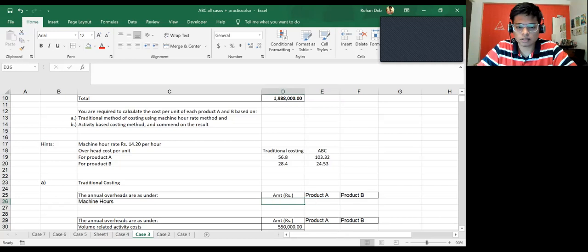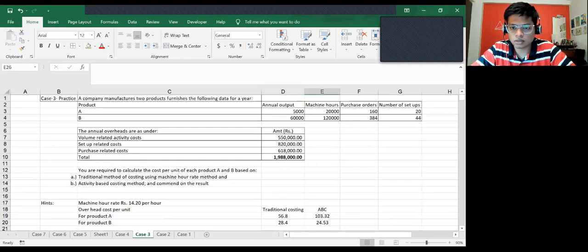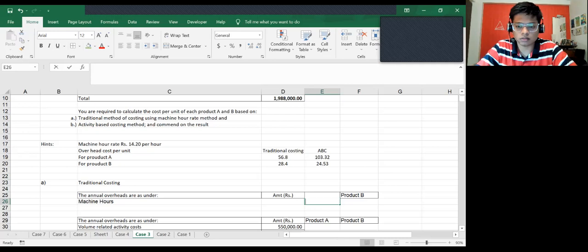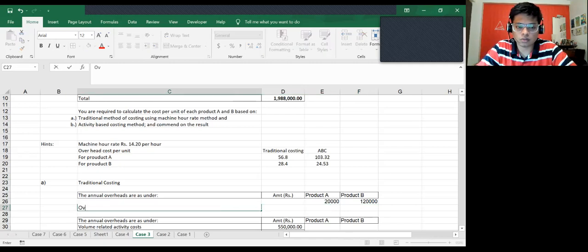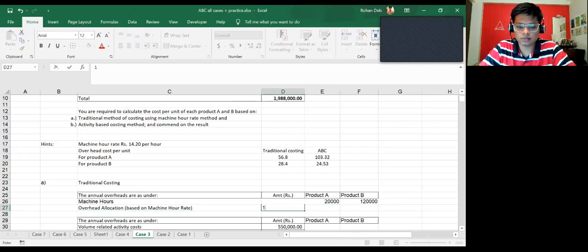How many machine hours are given for each? 20,000 and 1,20,000. These are given, and the overhead allocation is based on the machine hour rate. The machine hour rate is given as 14.2.